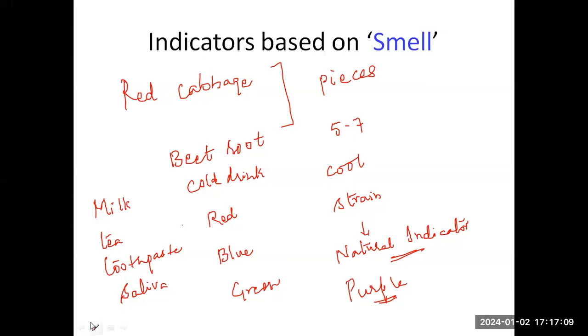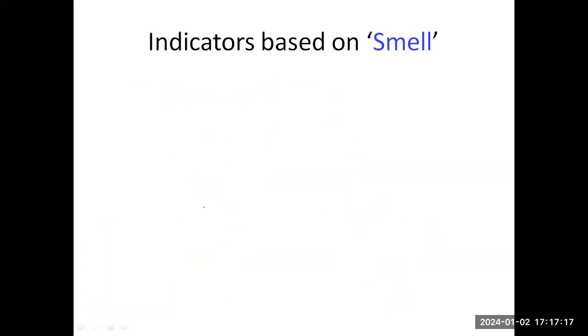Now there are certain other indicators which work on the basis of smell. Let me erase all this. Some indicators are based on smell. They smell differently in acidic medium and give some other smell in basic medium.